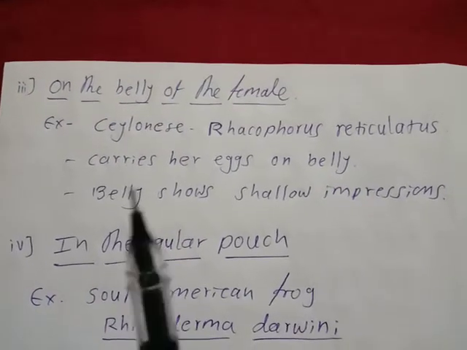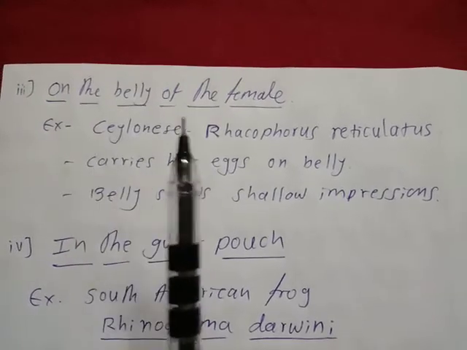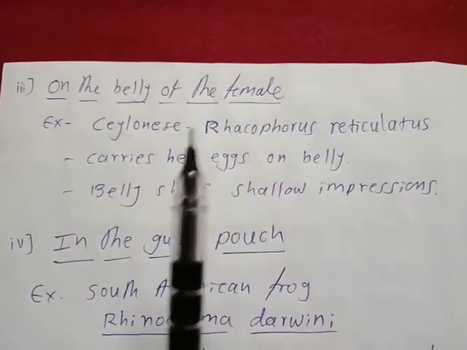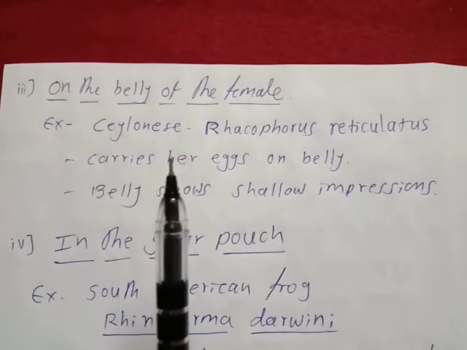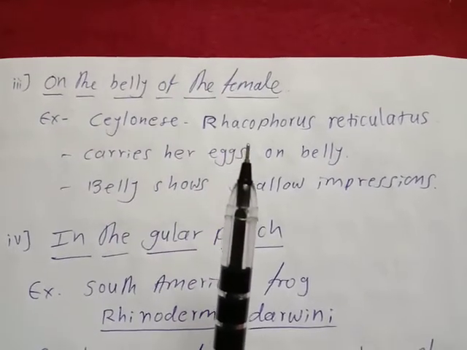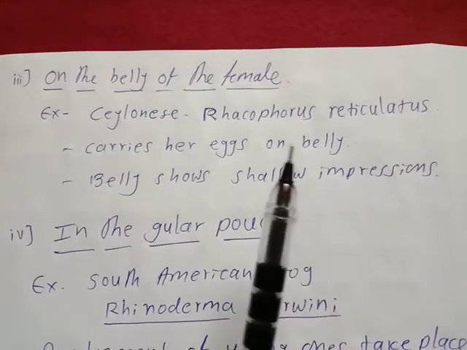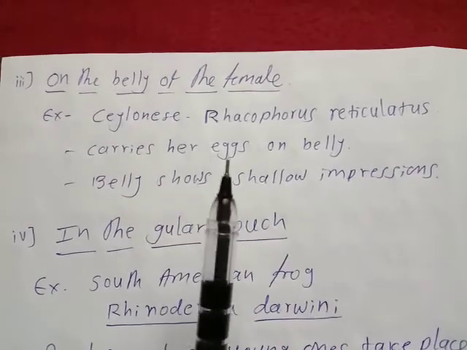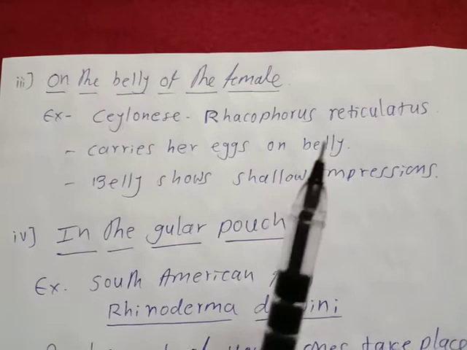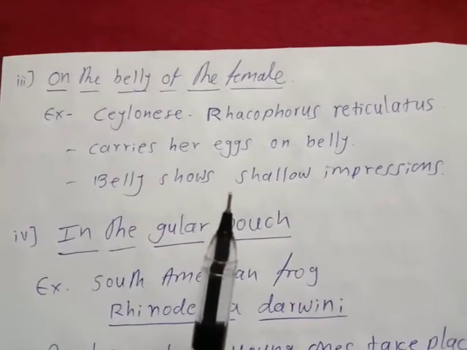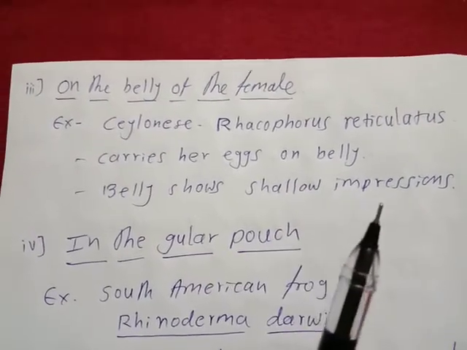Then third one is on the belly of the female. Example, Rhacophorus reticulatus. This carries her eggs on the belly, and the belly shows shallow impressions.